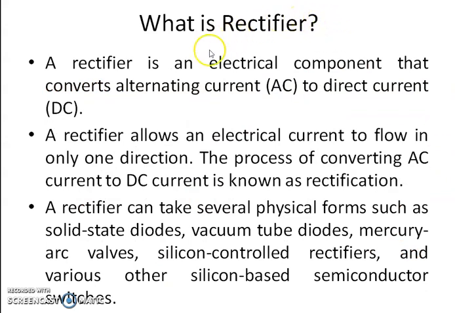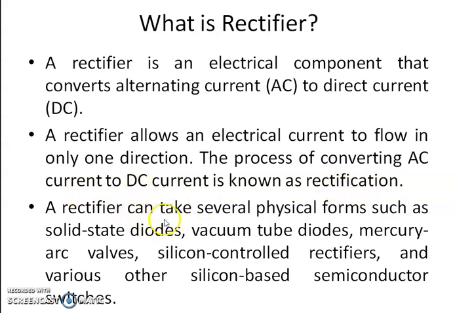Next, we will briefly discuss the rectifier. A rectifier is an electrical component that converts alternating current to direct current. A rectifier allows an electrical current to flow only in one direction. The process of converting alternating current to direct current is known as rectification.